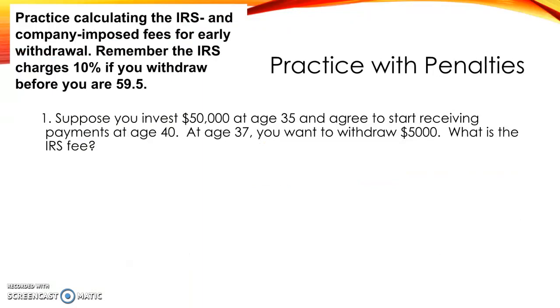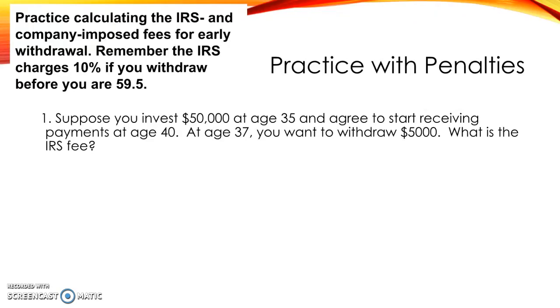So let's practice calculating these. Suppose we want to invest $50,000 at age 35 and we do agree to start receiving payments at age 40. So we agreed with the insurance company that we're going to receive payments at age 40. At age 37, for some reason, we decided to withdraw $5,000. What is the IRS fee?